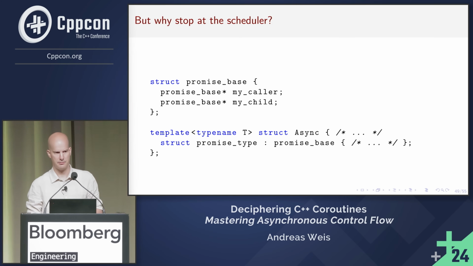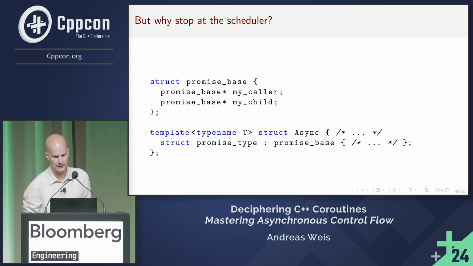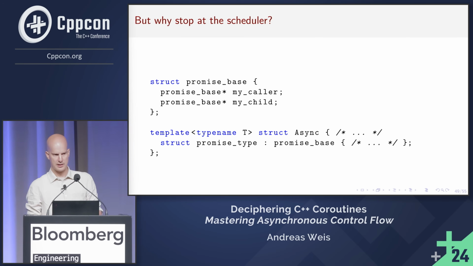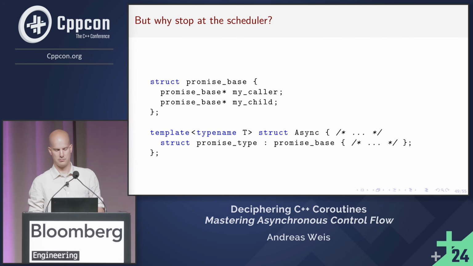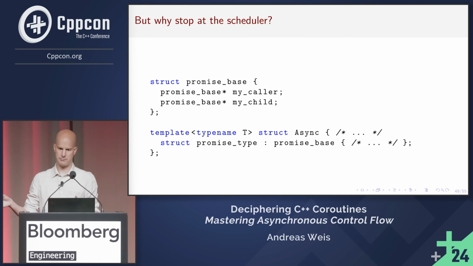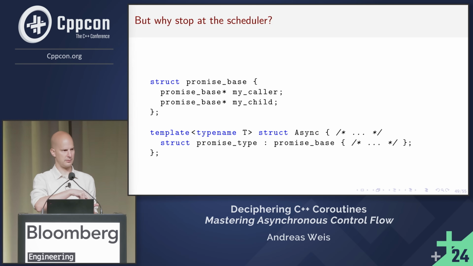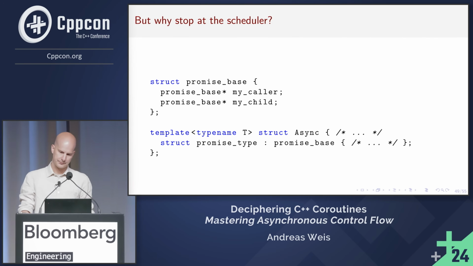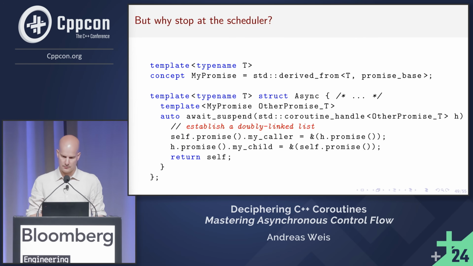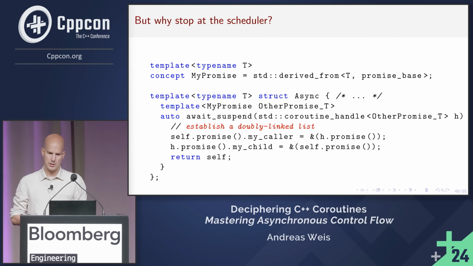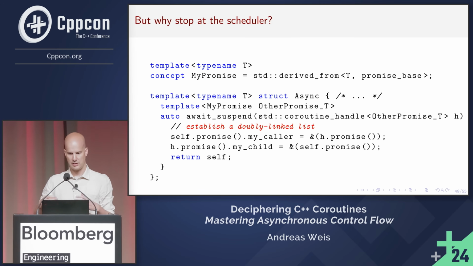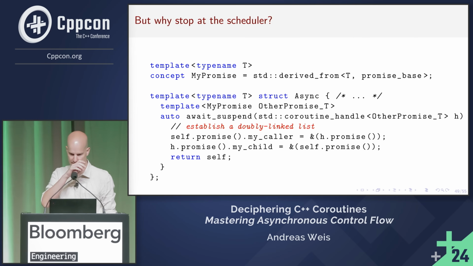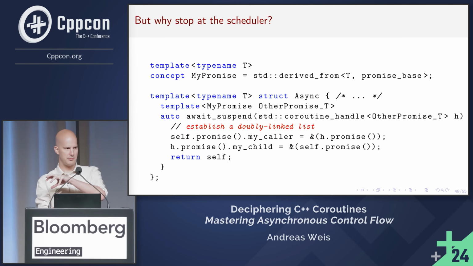I define a base class for all of my promises. And this base class acts like a node, and it points to the promise of the caller and another pointer to the promise of the child. And now in the await suspend, I just say, okay, if the promise is one of these promises that derives from this base class, I establish the links, right?